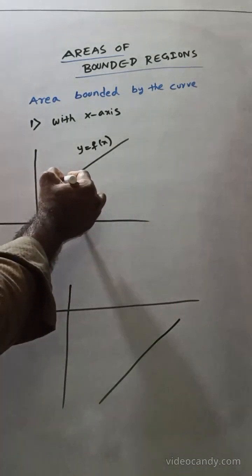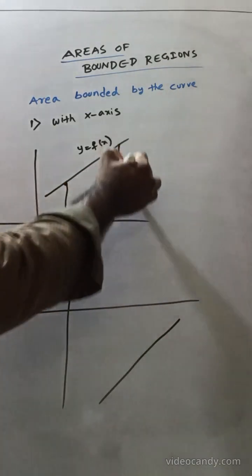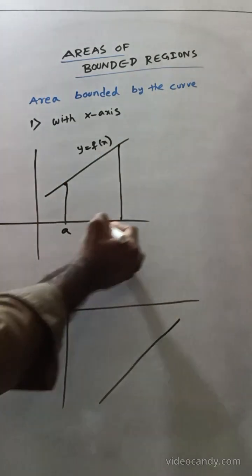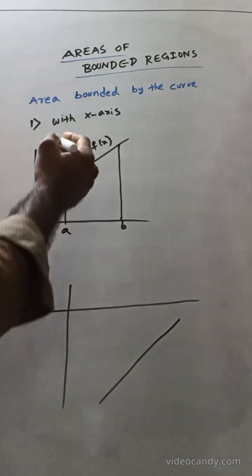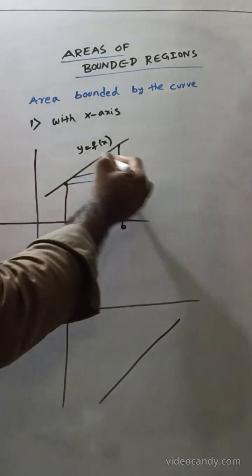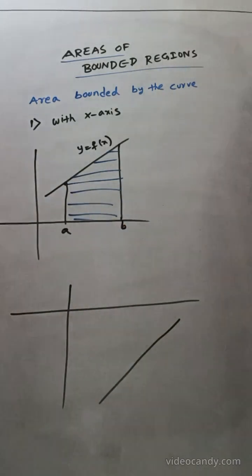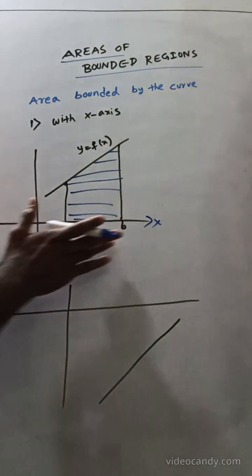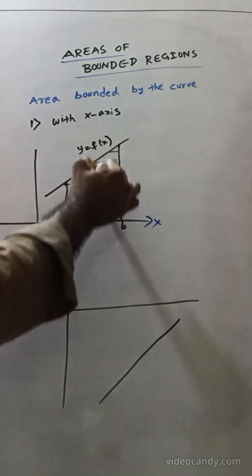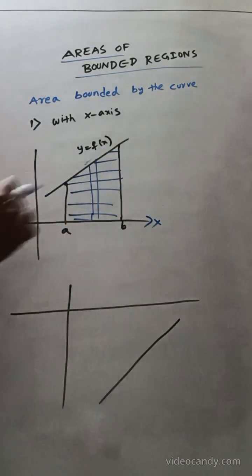Suppose this curve is intersecting the x-axis at two places, that is A and B, then the area bounded by this curve with the x-axis is this part. Now you are taking the limits with respect to x-axis, and this is the curve y is equal to f of x, this area.